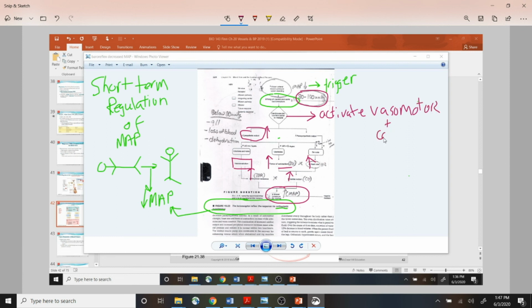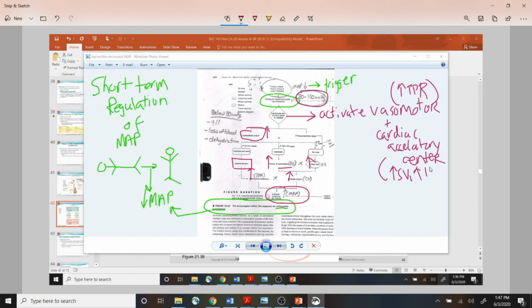And the cardioacceleratory center will cause the stroke volume and the heart rate to increase. So that's how the total peripheral resistance increases, because the vasomotor center, and the cardiovascular center tells the stroke volume and the heart rate to increase.